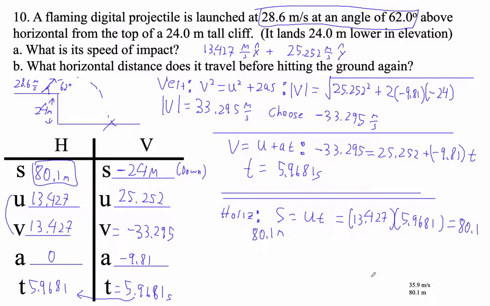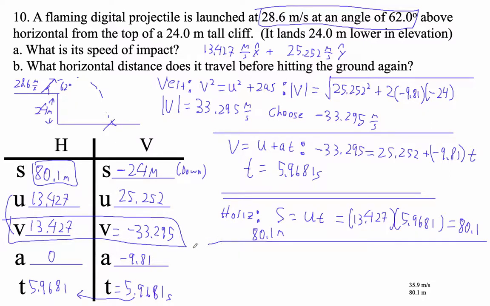All right, and then it says what's the speed of impact, right? So we need to figure that out, right? And that's going to be this guy here. So let's draw a picture of that. It's over and down. So this is 13.427. And this is 33.295. Right?